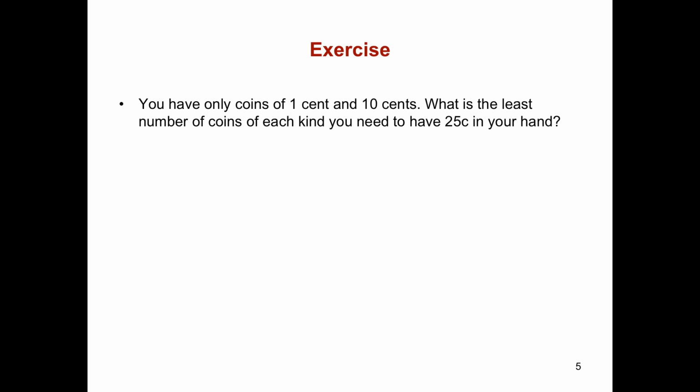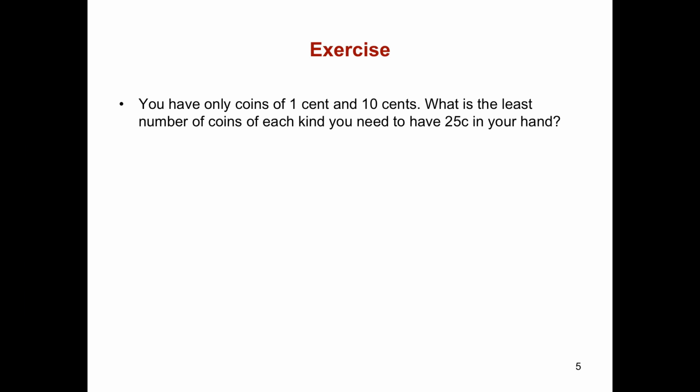So here's an exercise that is going to lead us to how we actually represent integers in terms of these bits, 0 and 1. Let's say that you have only coins of 1 cent and 10 cents. What is the least number of coins of each kind that you need to have 25 cents in your hand?